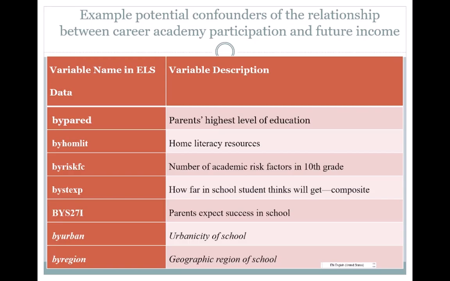Note that the last two are not individual level confounders, they are school level confounders. If you are working with data that's nested, in this case students within schools, you have to be aware that there could be confounders at the cluster level, which in this case are school level.